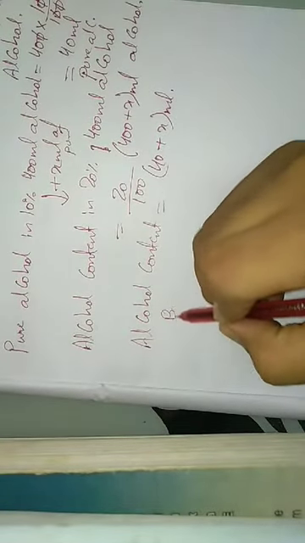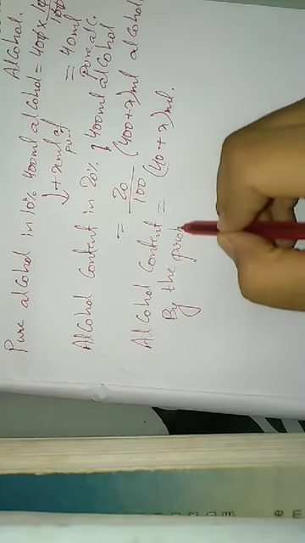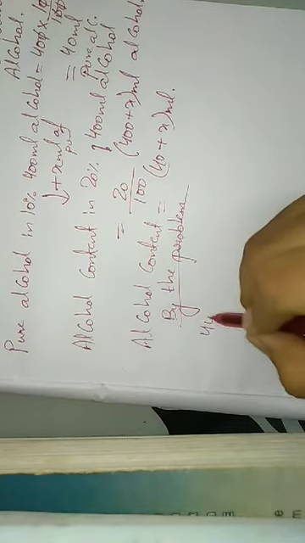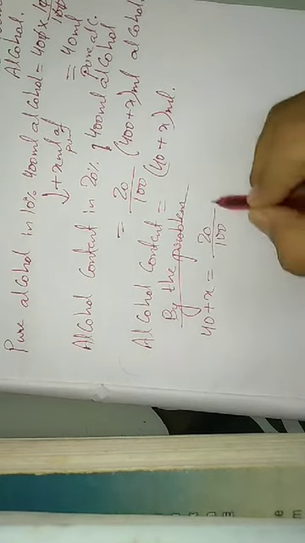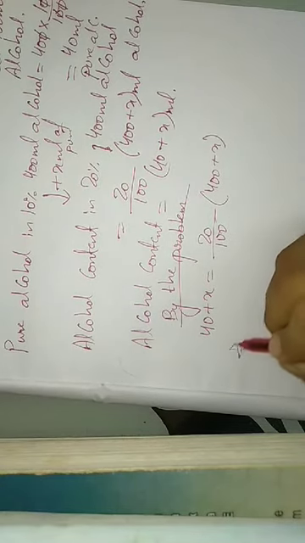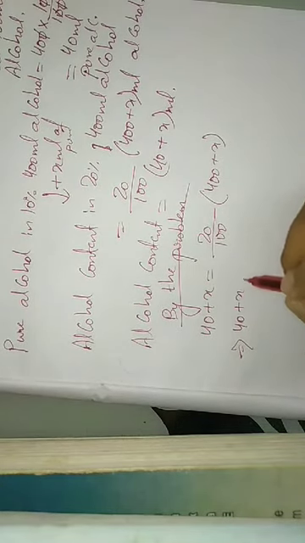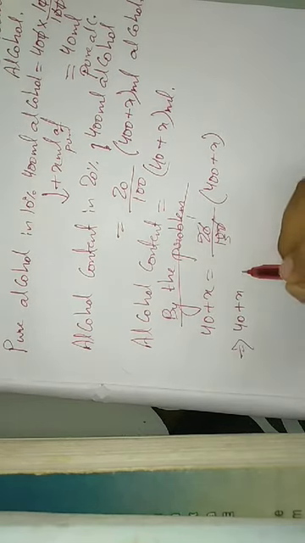So by the problem, 40 plus x is equal to 20 by 100 into 400 plus x. 20 by 100 means 2 1s are 2, 2 5s are 10, so this is equal to 1 by 5 into 400 plus x. Let's expand it.